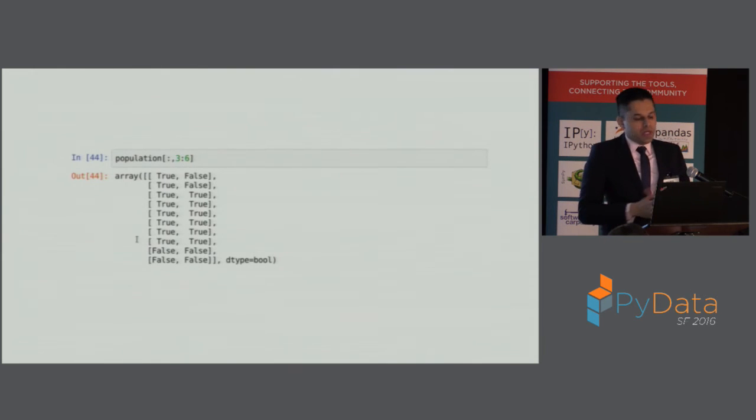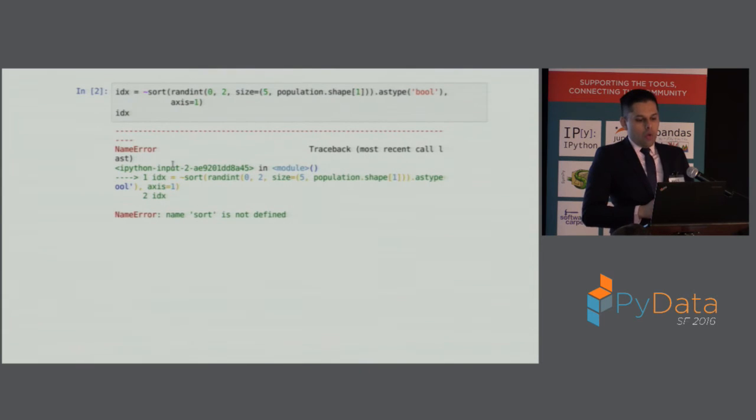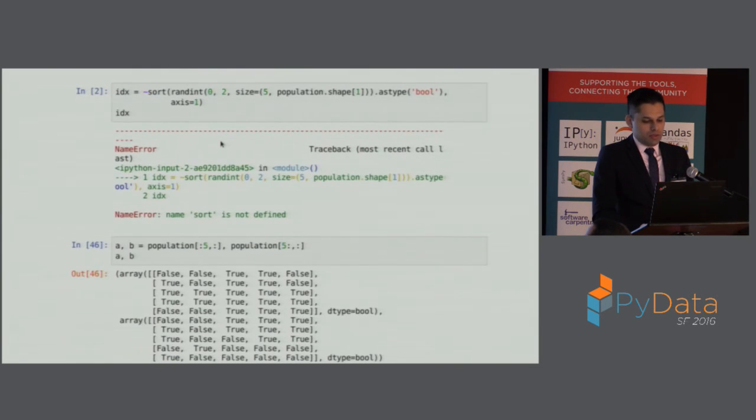Now, one thing that we can do with NumPy is we can do some of our slicing tricks, our fancy indexing. So here you can see we can select single bits out of this. This is saying select every row, select every chromosome, and just select the bits from 3 to 6 in that chromosome. One thing that, let's see, that one doesn't work.